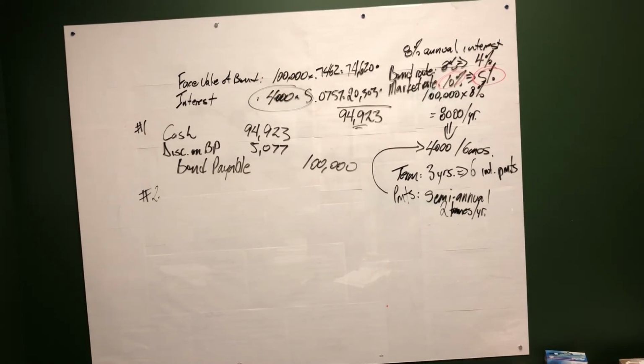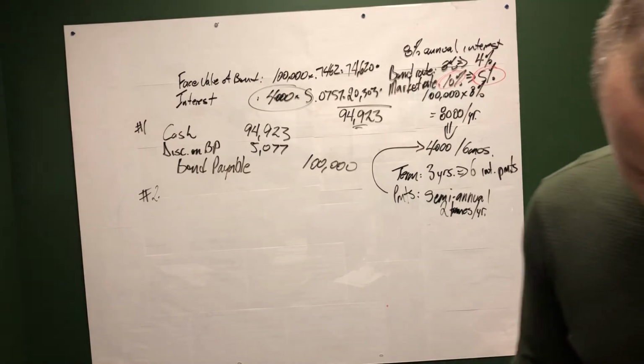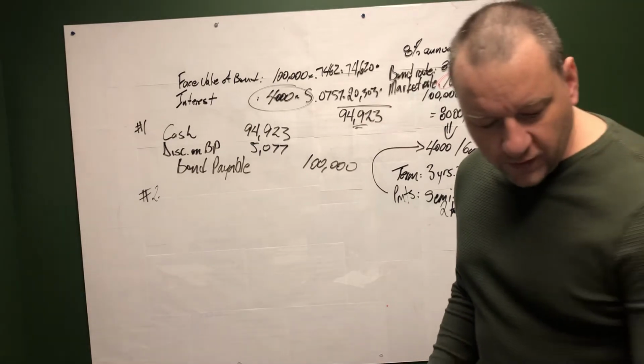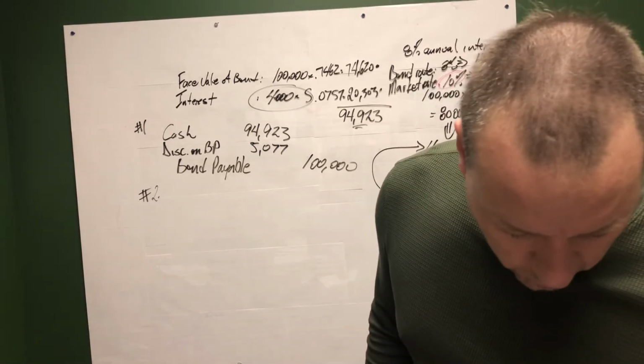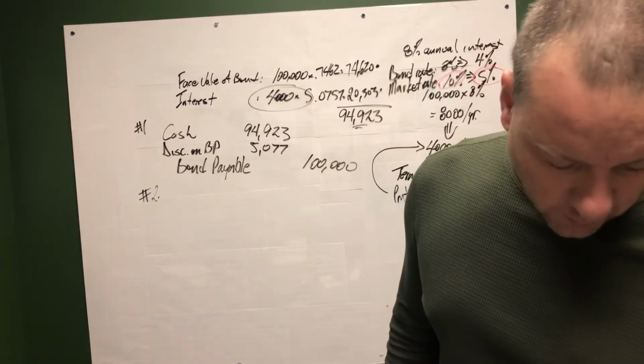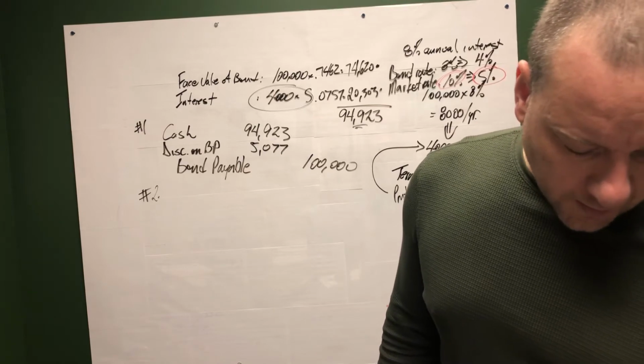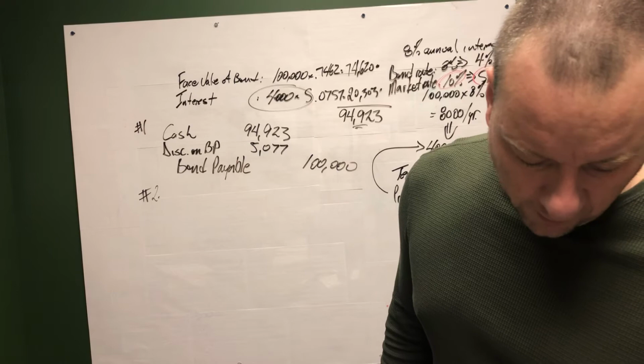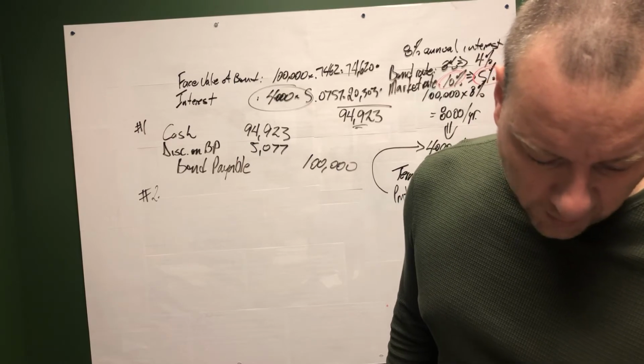Well, look at your table on page 932. Notice we have 1, 2, 3, 4, 5 columns. On the date of issuance, notice in column E, the carrying value is $94,923.